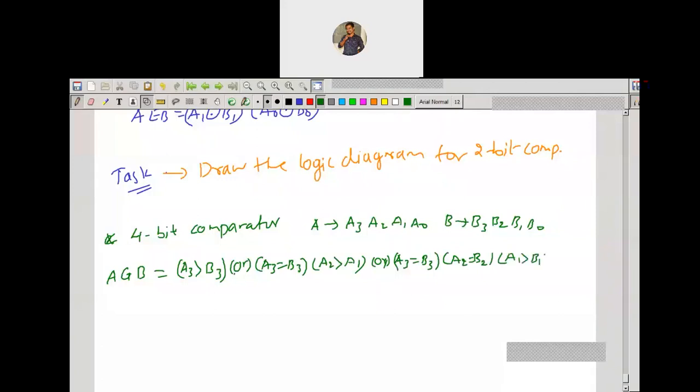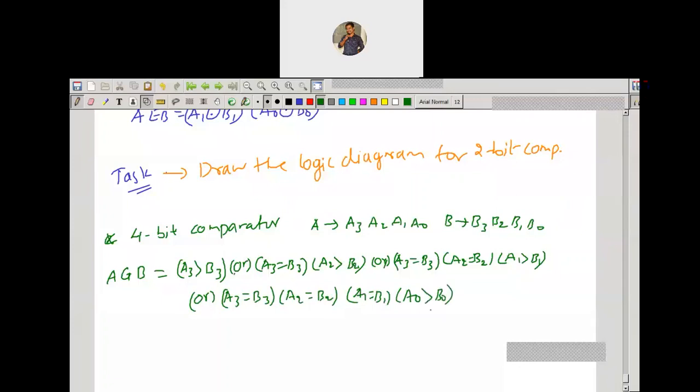Okay, and also one more possibility, or else both A3 and B3 are equal, A2, B2 are equal, A1, B1 are equal, and A0 should be more than B0.